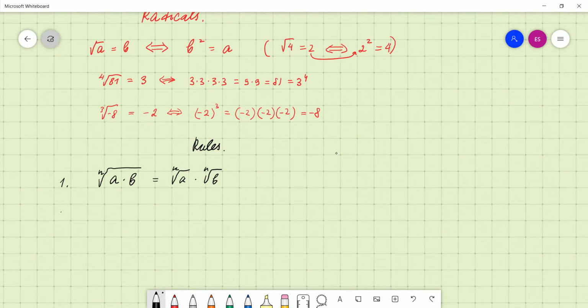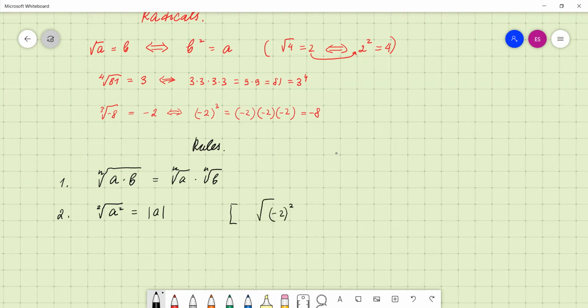For even roots, for example, square root of A squared equals absolute value of A. I'm trying to say that what can happen, guys? You can have -2 and you can square it.